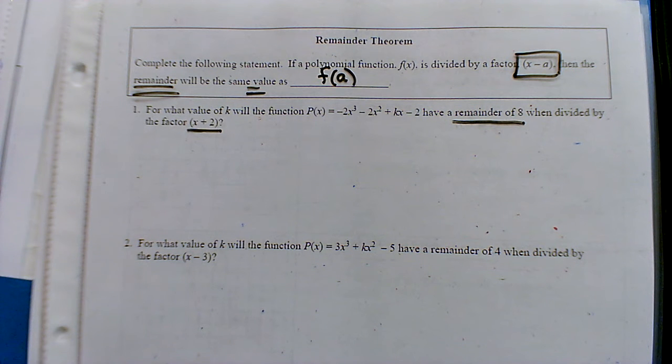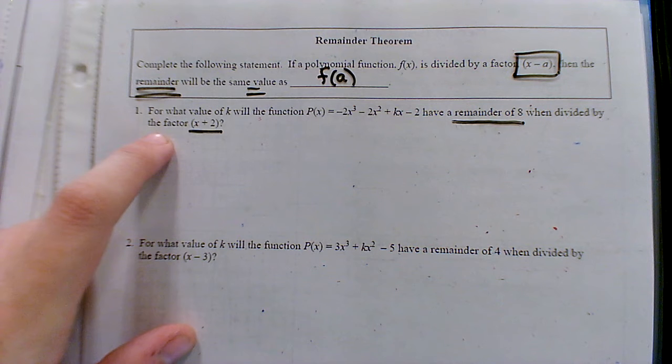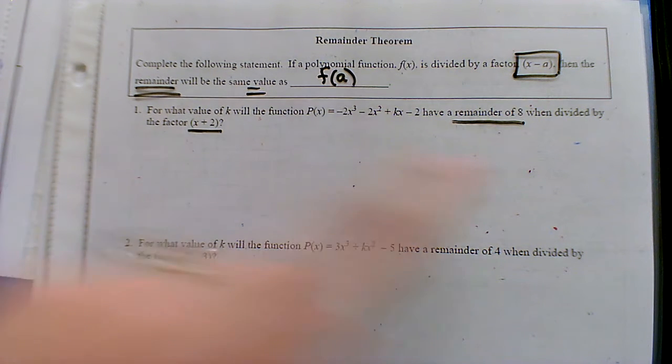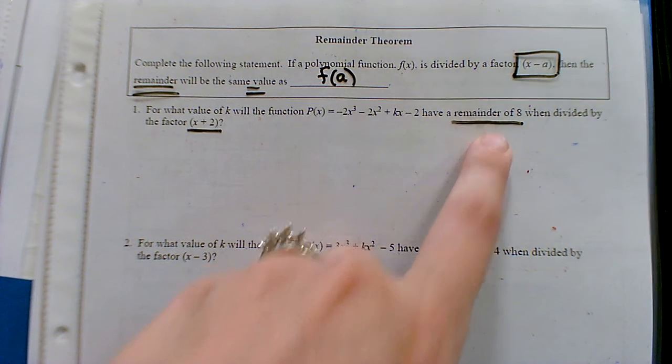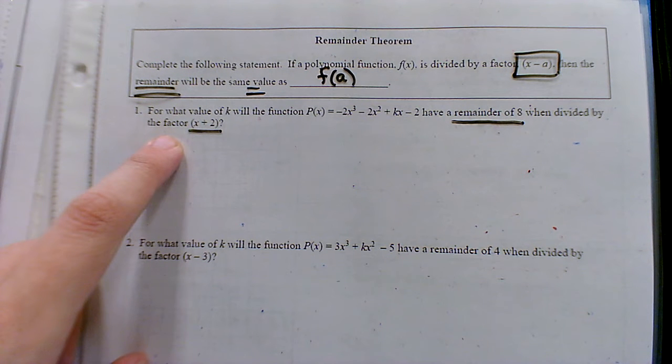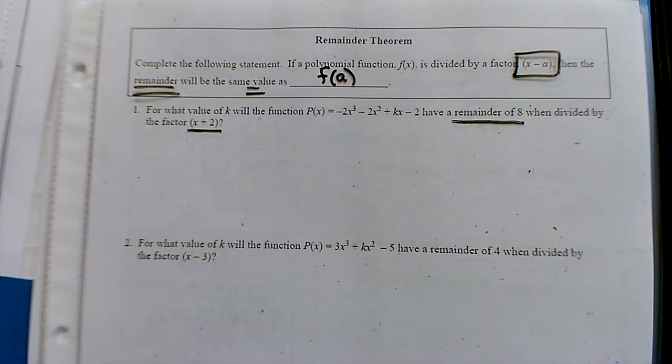So I don't want you to get too caught up in the fact that they use factor. That might not necessarily mean a remainder of 0, because notice how we're looking for a remainder of 8. A factor is another term for just meaning a grouping or a set of values.